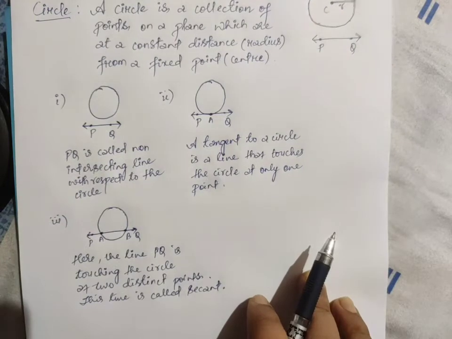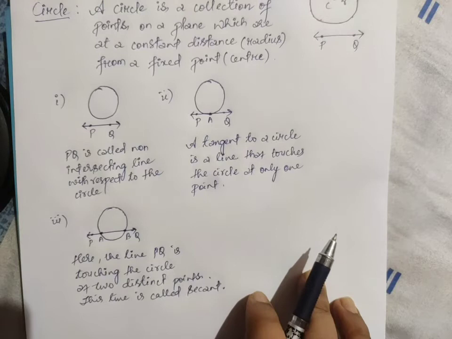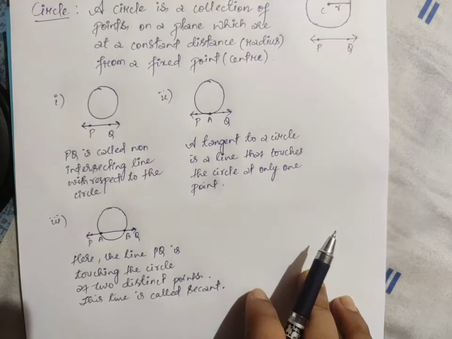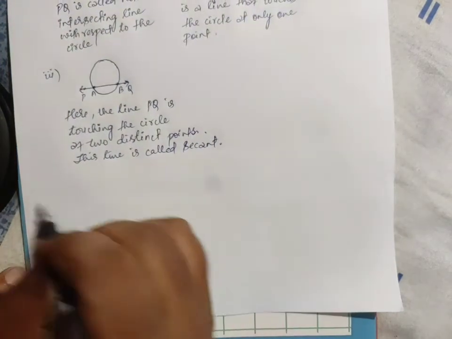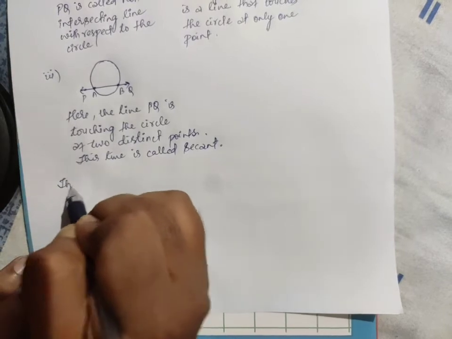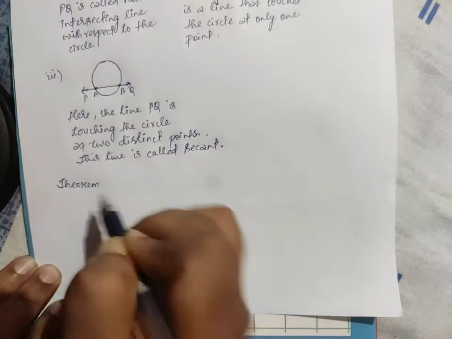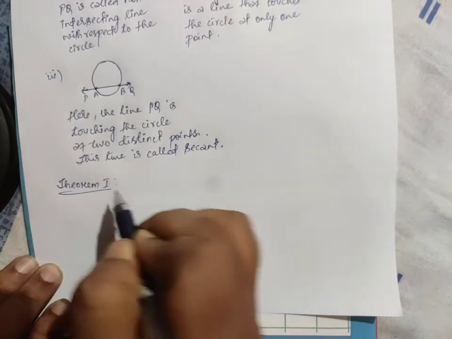Now I will discuss two theorems. I will just give the statements. Those will be important for Exercise 10.2; we will use those theorems to prove the questions. The first theorem, Theorem 1, is also there in your textbook, you can refer to that.